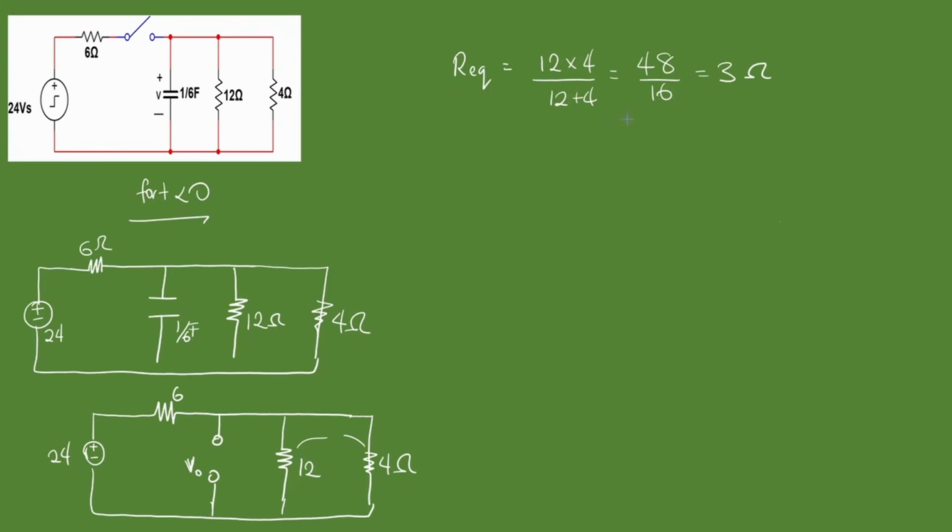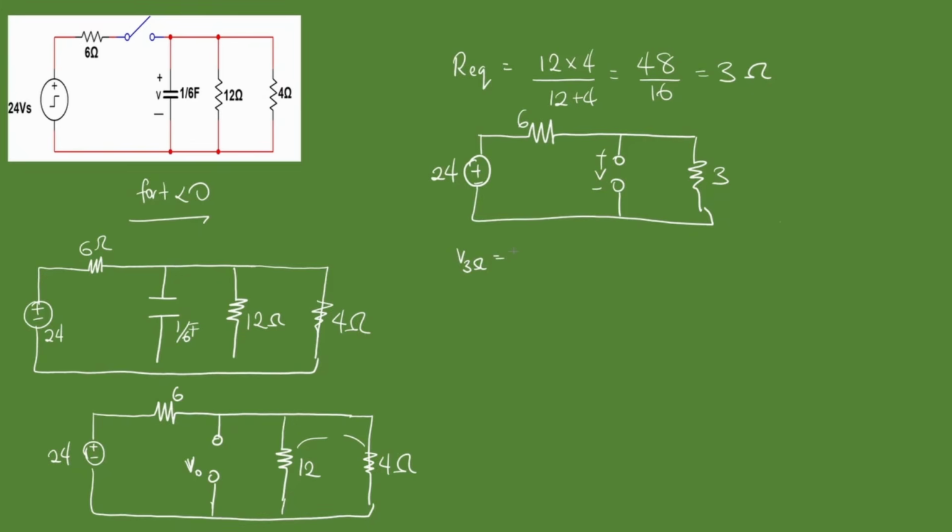So redrawing the circuits, we're going to end up with our voltage source, 6 ohms, our open circuits, and now our 3 ohm resistor, with plus and minus V. So now the voltage across the 3 ohms is going to be the same as V0.